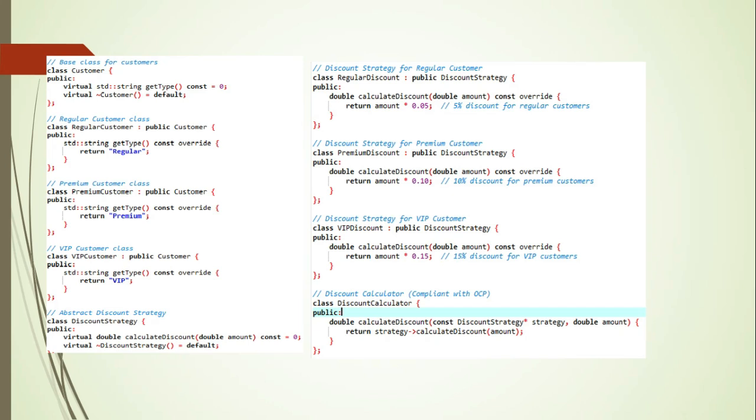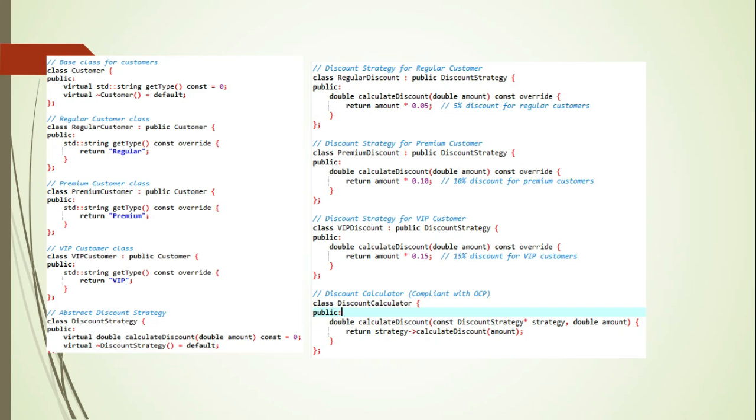The flexibility comes from the fact that you can extend the behavior of the discount calculator by creating new discount strategy subclasses, but you don't need to change the discount calculator class itself. The logic for calculating the discount remains the same regardless of the strategy.